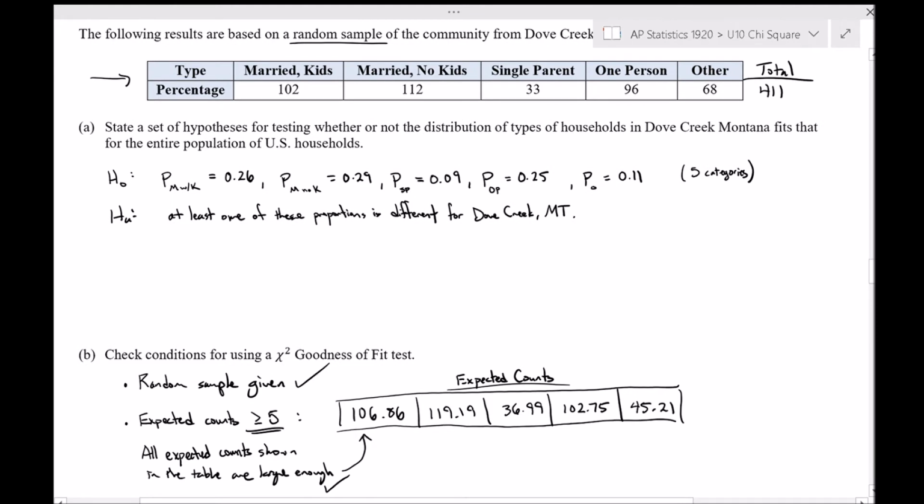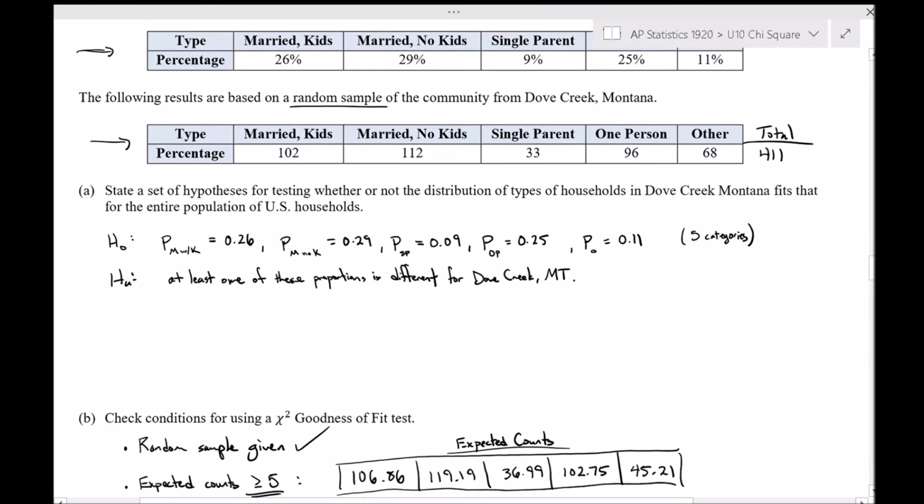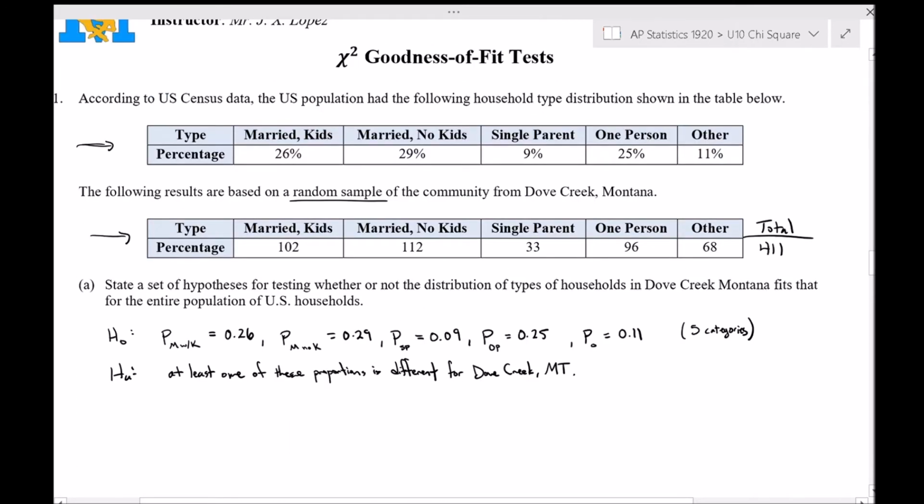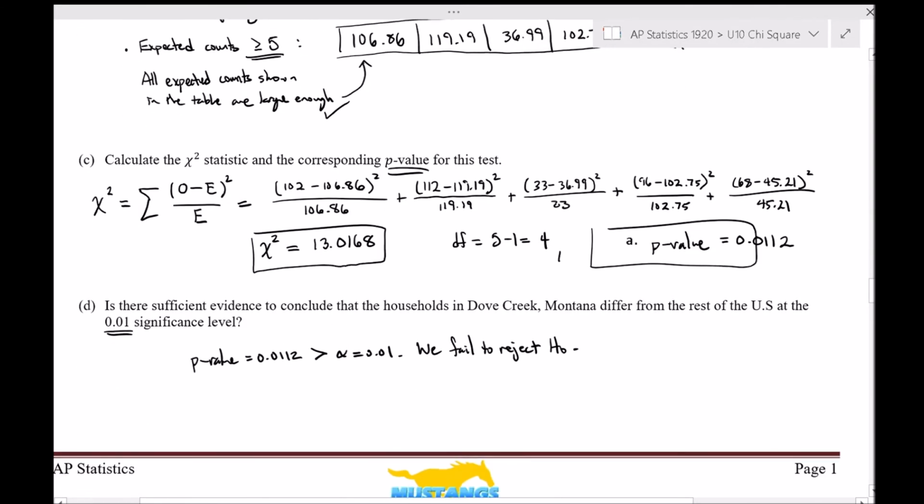So we failed to reject the null. So as far as we can tell, based off of the data, there's no difference between the distribution of household type for the rest of the US and Dove Creek, Montana. So that's what I'm going to write here.